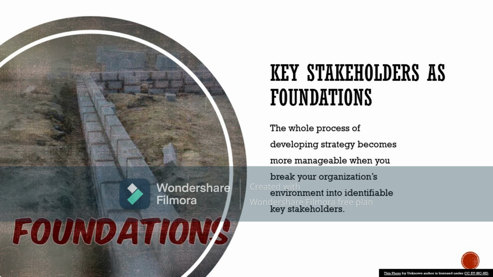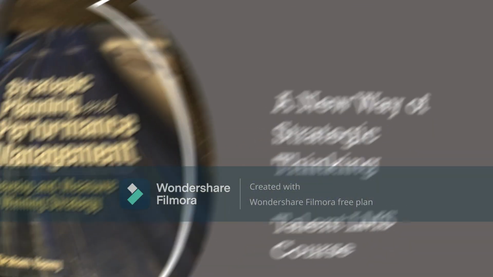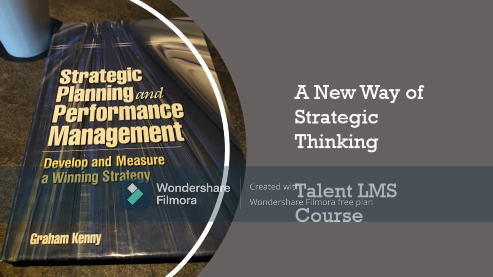For example, look at the key stakeholders of the private hospital and notice their labels and their diversity. As the rest of this course will demonstrate, the whole process of developing strategy becomes more manageable when you break your organization and its environment into identifiable key stakeholders.